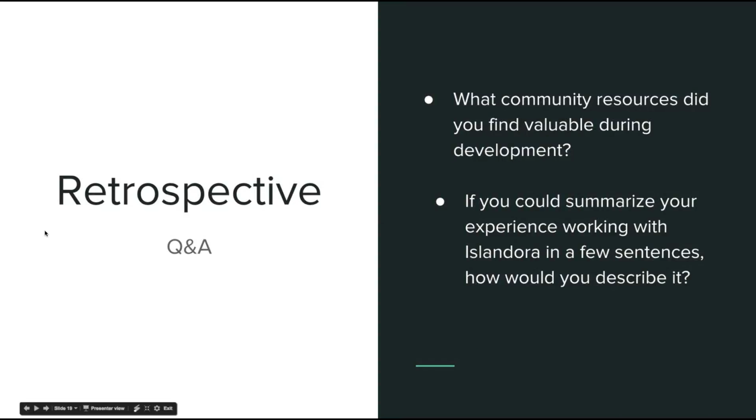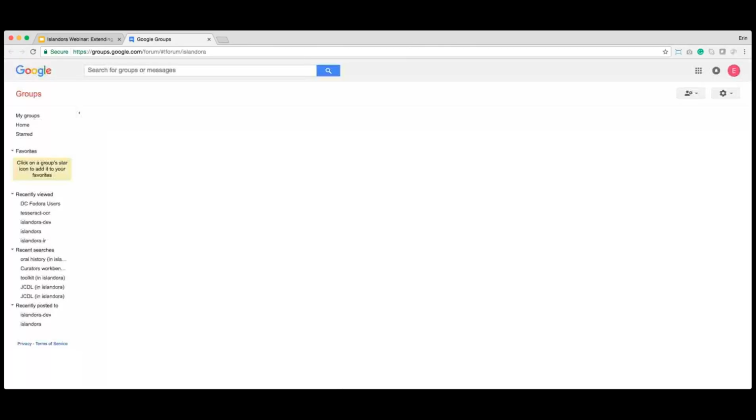One of the other things is the Islandora DevOps interest group, which I and one of our other developers participate in pretty actively. It's a standard DevOps meeting where we talk about changes and issues, and it seems to be a very stimulating conversation where everybody has good ideas and good questions.